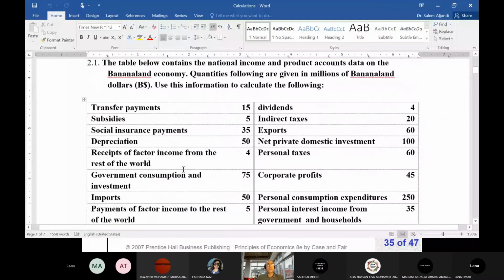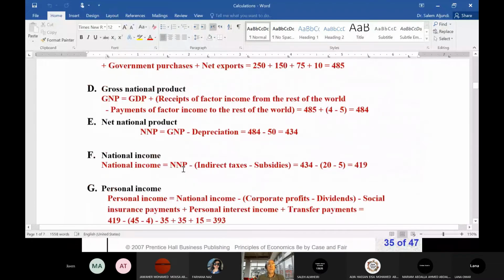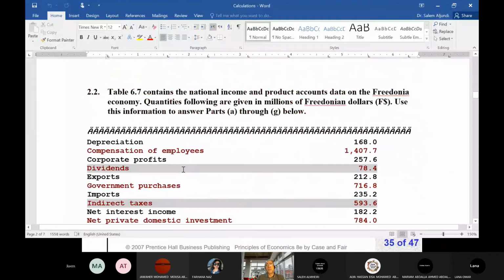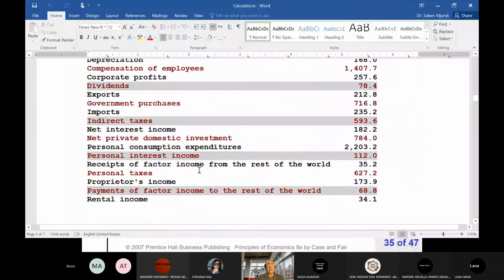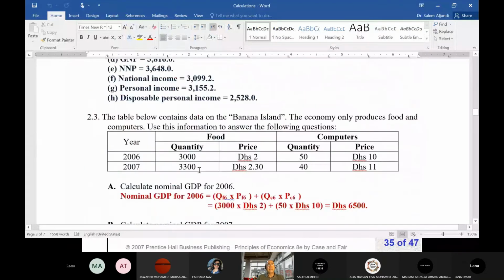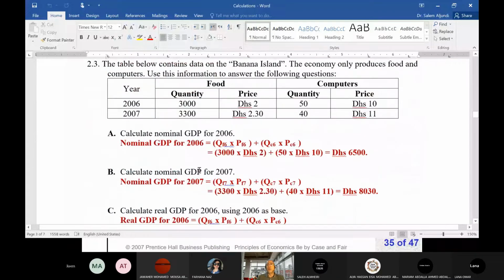And we already explained question 2.1. Question 2.2 is the same for your practice. And now we reach question 2.3.